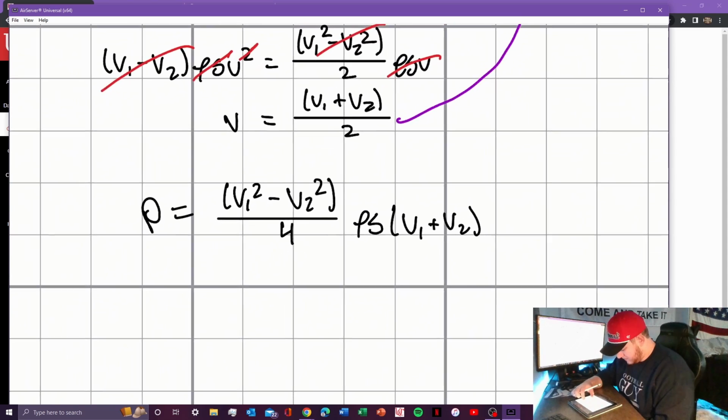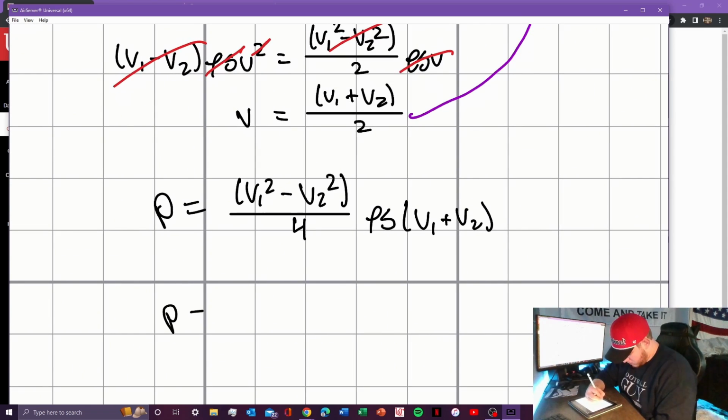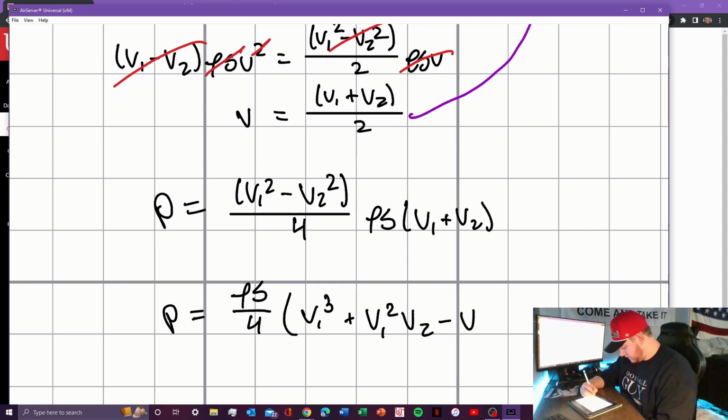Now let's combine some like terms here. Rho s over 4 is going to be V1 cubed plus V2 squared V1 minus V2 squared V1 minus V2 cubed.